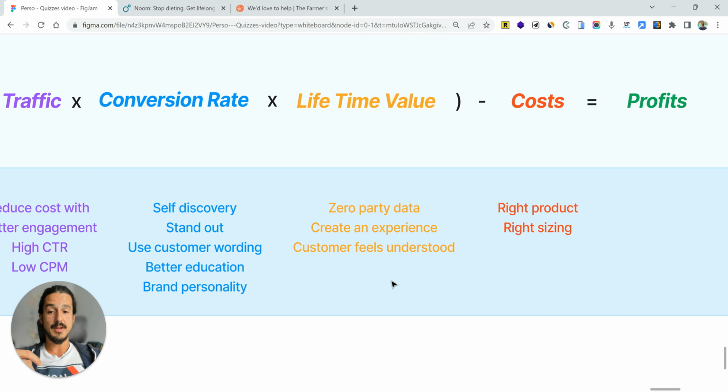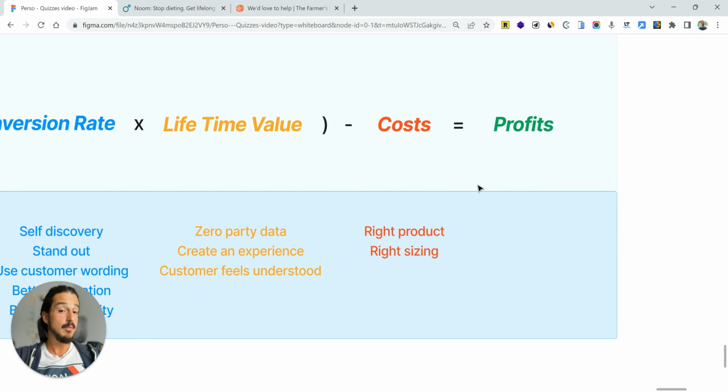Also, because it was an experience rather than just a purchase like on any other website, it is a lot more likely that the customer will remember it. So it is easier to sell again because they have in mind the first good experience they had with the brand. And so they feel understood.